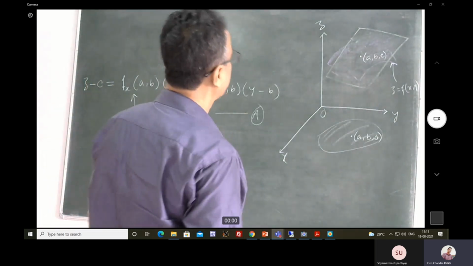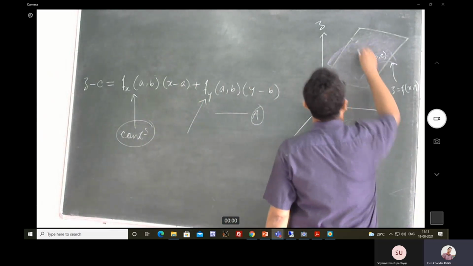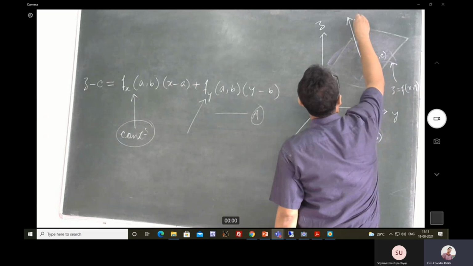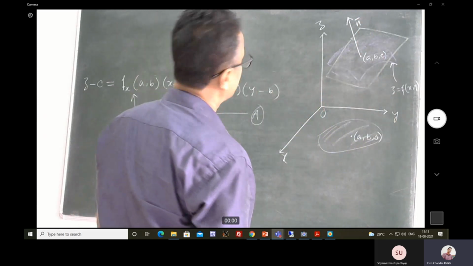Another thing, yesterday I was telling you about the normal. Suppose I draw a normal to the tangent plane at that point.